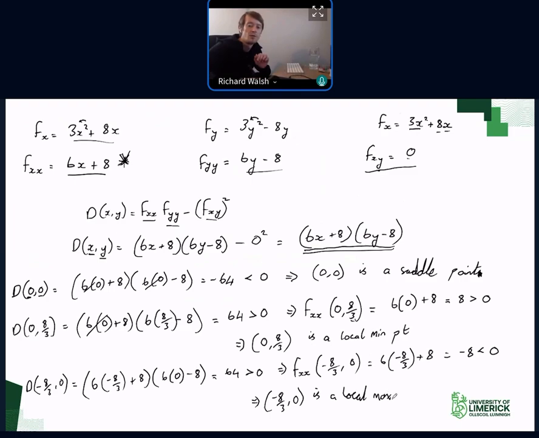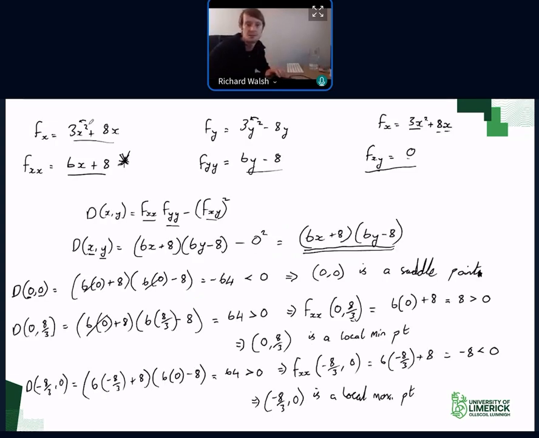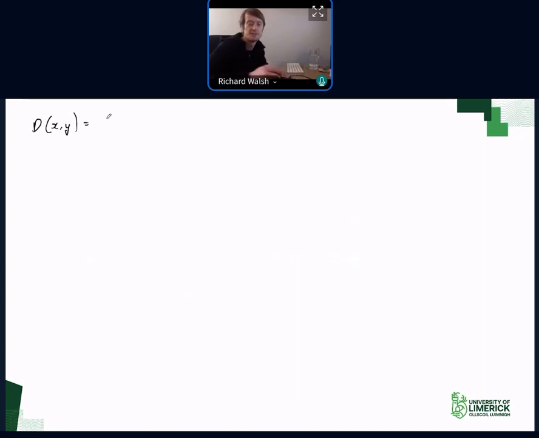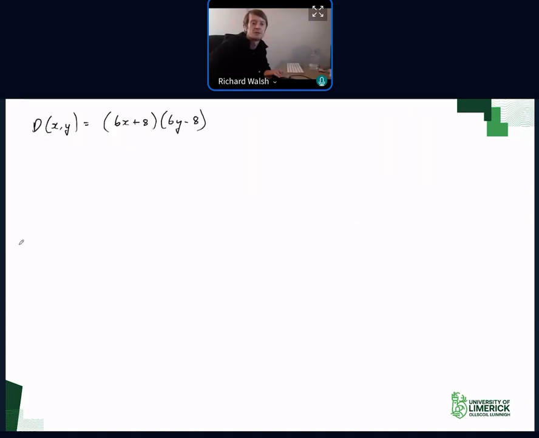And we've one more point to test, which was minus 8 over 3, 8 over 3. I'll write out my d again just to be on the safe side. It was 6x plus 8 times 6y minus 8. And I am testing minus 8 over 3, 8 over 3.